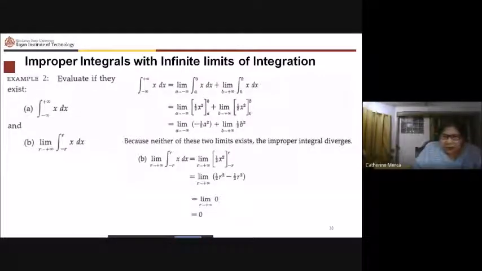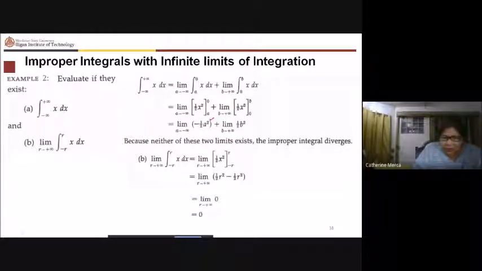Again, you integrate x dx. The integral of x dx is x squared over 2. When you substitute, the value from the upper limit is 0, so 0 minus 1/2 of a squared, so you have negative a squared over 2.